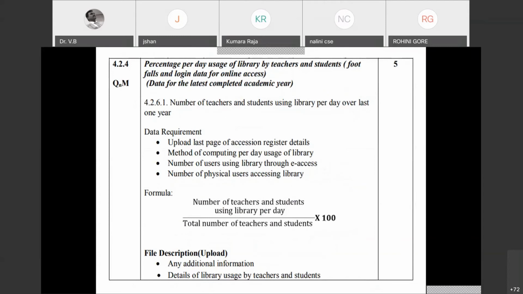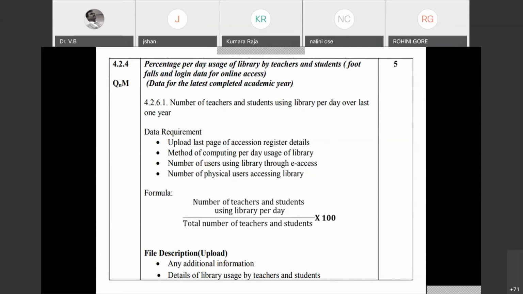Next is percentage per day usage of library by teachers and students, footfalls and login data for online access. Many of the colleges have automated, barcoded ID cards, so that the student, when he enters the library, scans his ID card, which records his attendance of entering into the library.